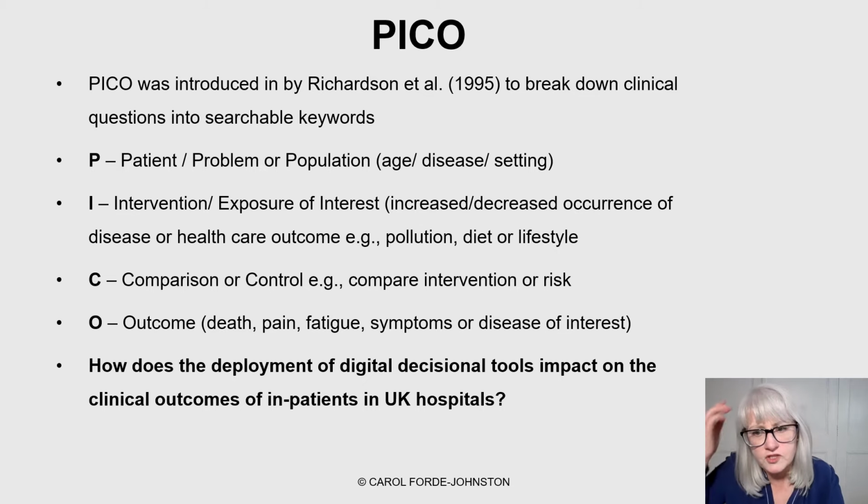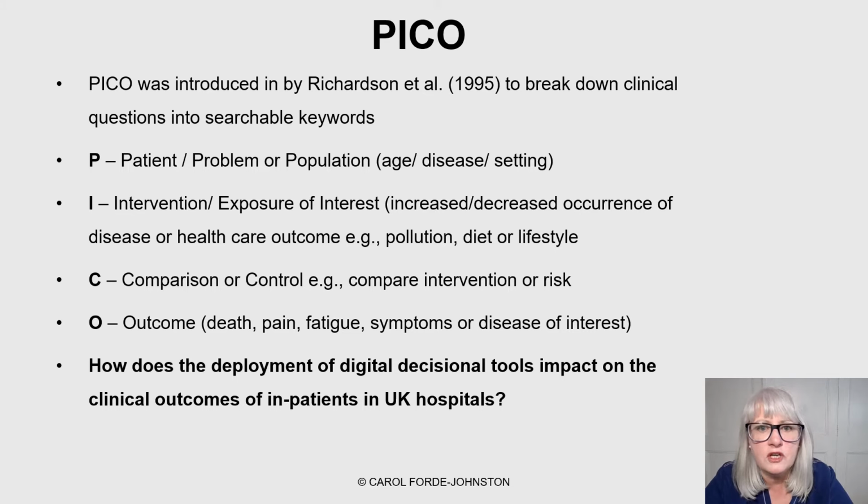So an example question, I just wrote this last night. How does the deployment of digital decision tools impact on the clinical outcomes of inpatients in UK hospitals? So if I have a look now at how it aligns to PICO. So P for patient, problem or population, so we're looking at inpatients in UK hospitals.